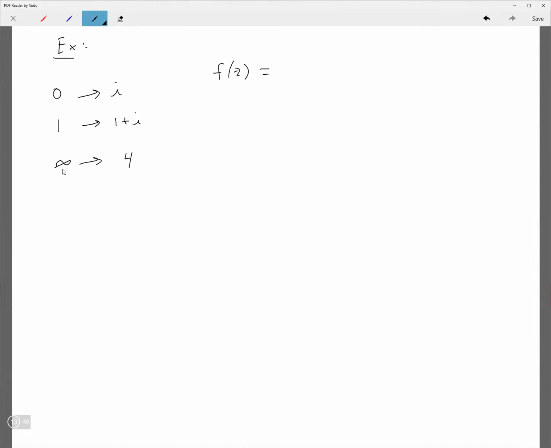But if we wanted to go the other way, what can we do with this result to make it go the other way? The inverse. Yeah, we just take the inverse of this, whatever it is, and that will go the other way.